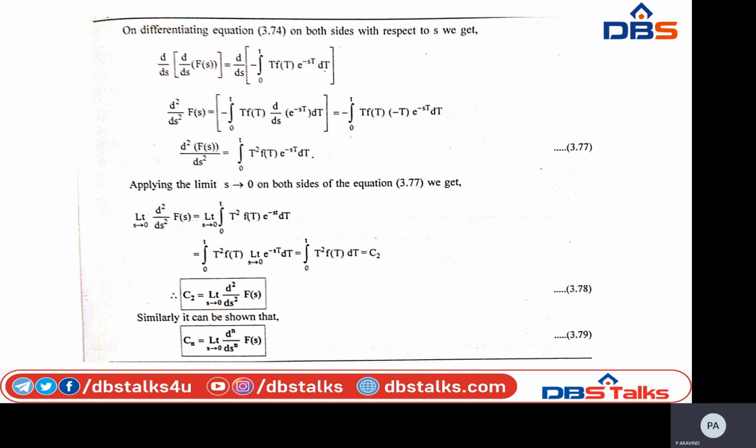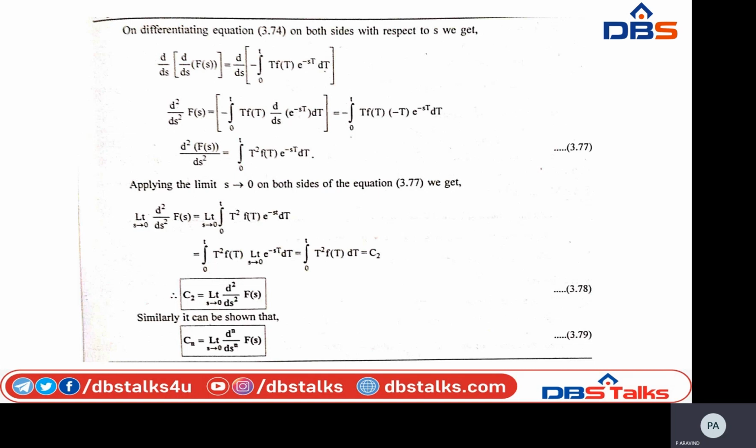These are the corresponding evaluations of generalized coefficients that we are seeing. So C0 is equal to limit s tends to 0 of F(s), and C1 equals limit s tends to 0 of d by ds of F(s), and C2 equals limit s tends to 0 of d square by ds square of F(s).